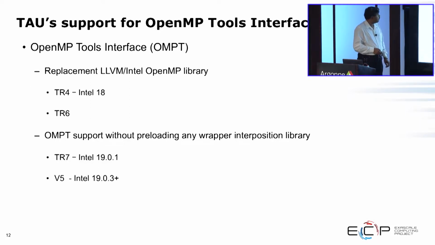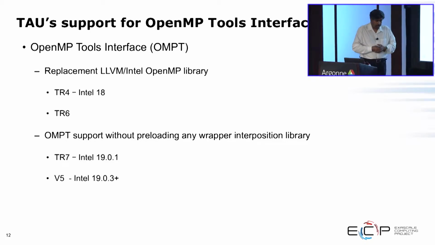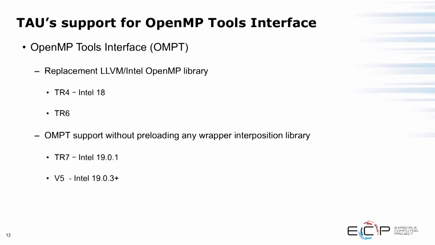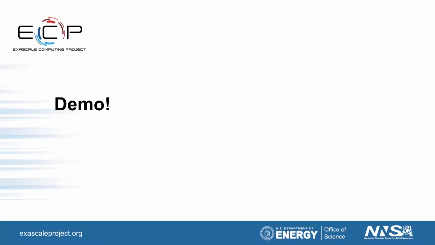Okay? So one of the important features of Tao is that it does support OpenMP instrumentation. Now, as John mentioned earlier, there's quite a bit of work that's been going on for a simple question that tool developers have always said: can you give us an event when important events take place inside the OpenMP runtime?